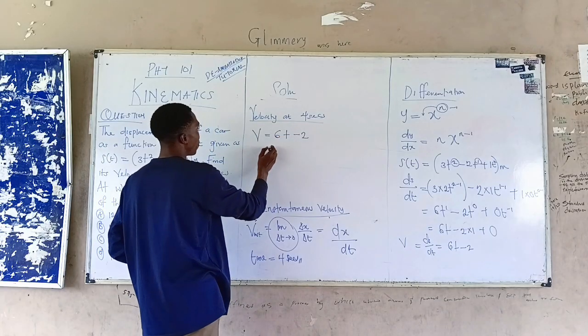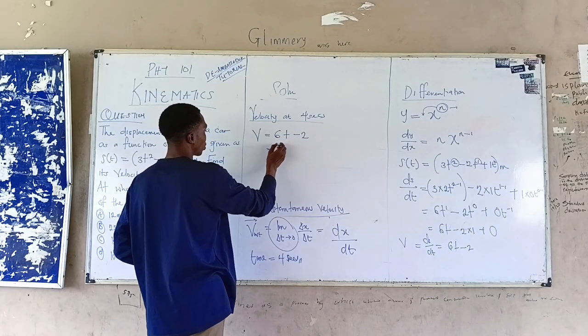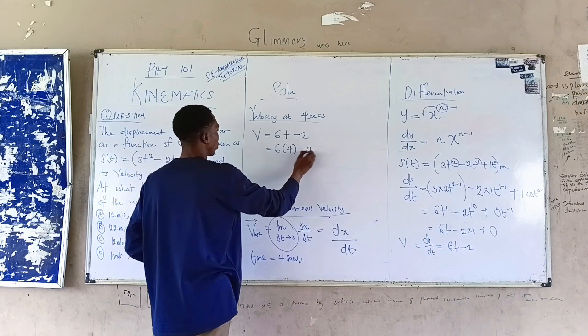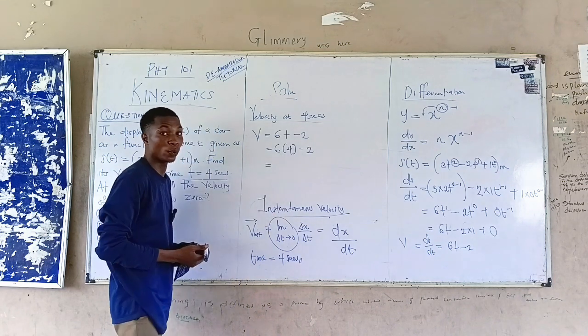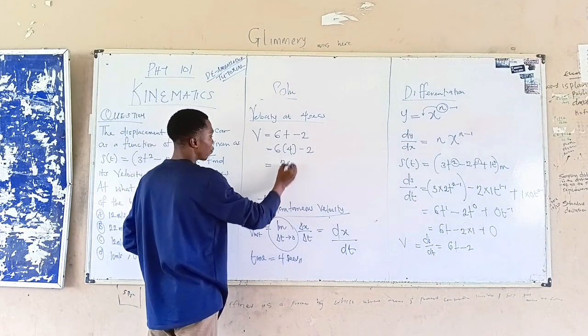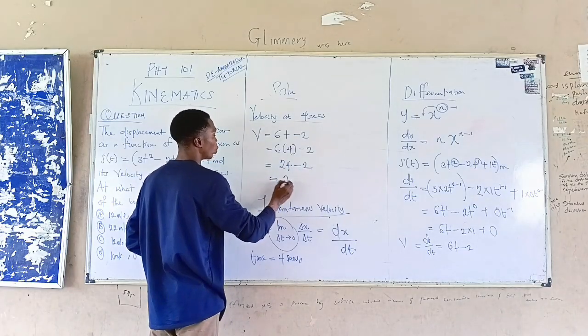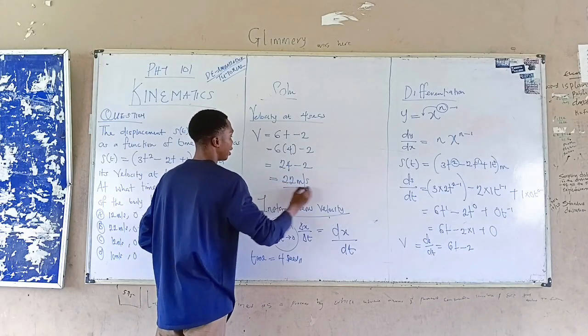So it means that any place I have my t, I'm going to put 4. I mean 6 in bracket 4 minus 2. And 6 times 4 gives you 24. So 24 minus 2, and the answer is 22 meters per second.